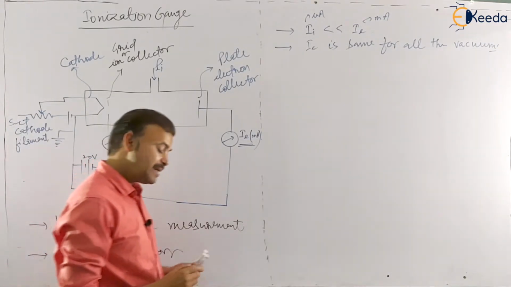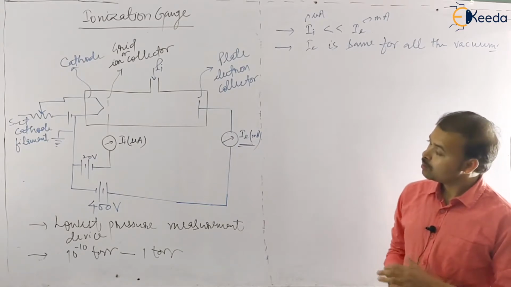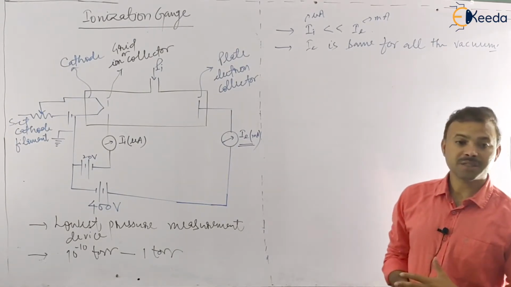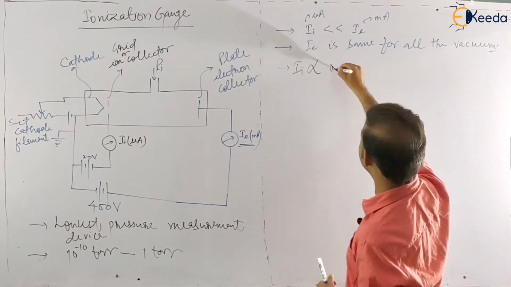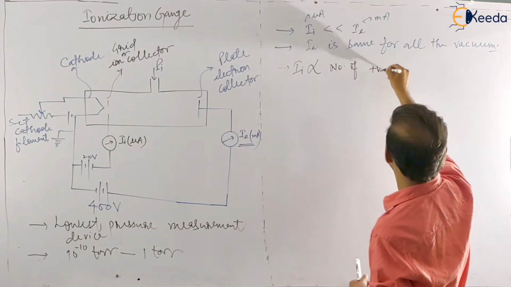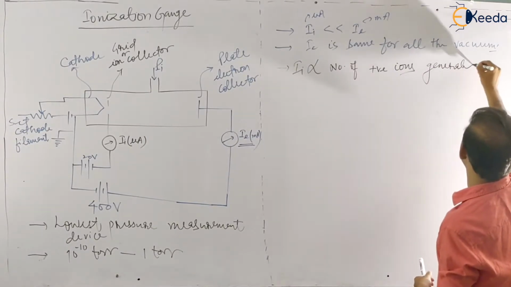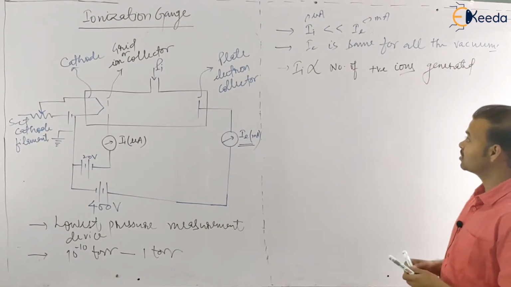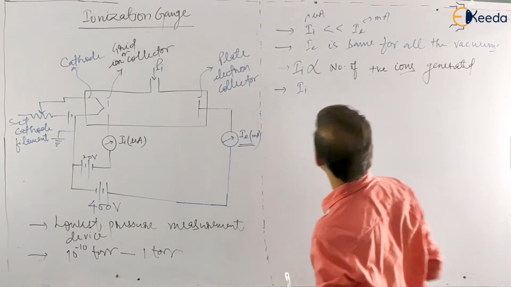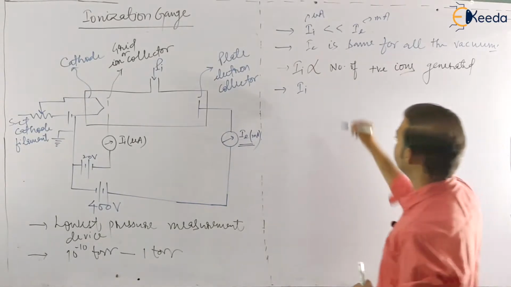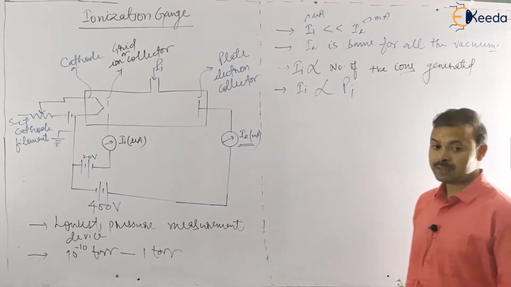So IE is the same for all the vacuum. So ion current II will be directly proportional to the number of positive ions generated, and that's why II will be directly proportional to Pi.